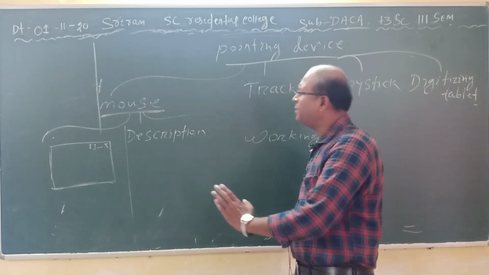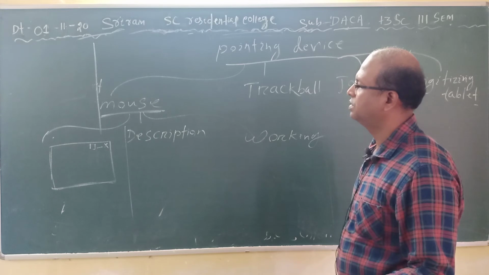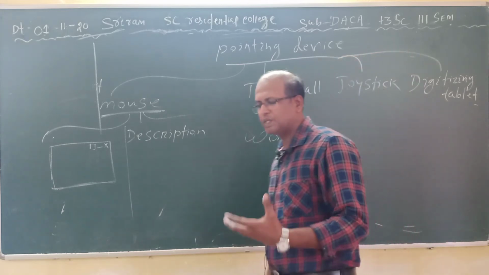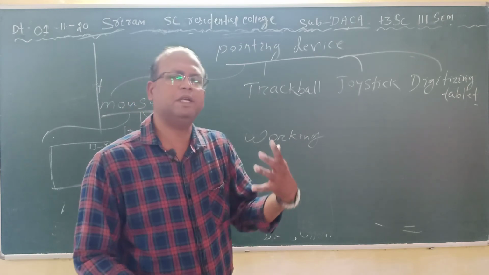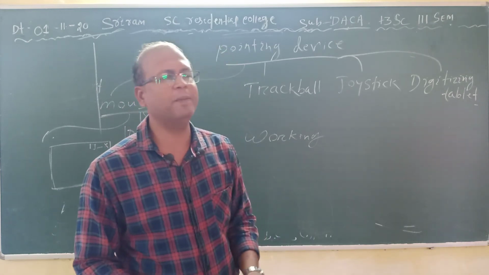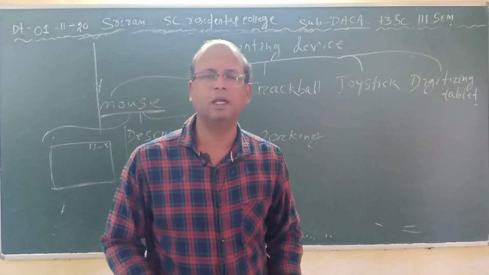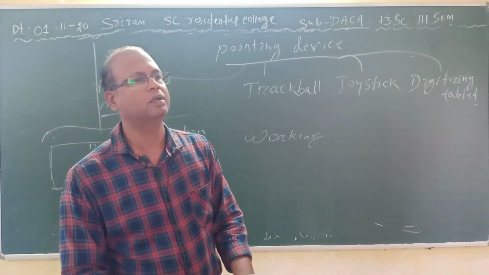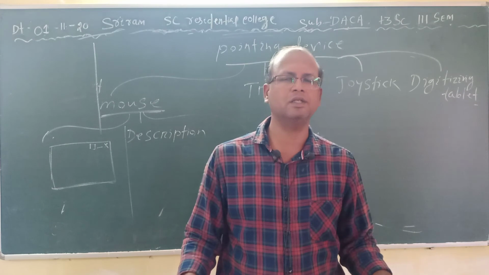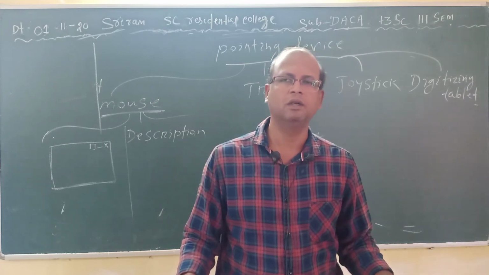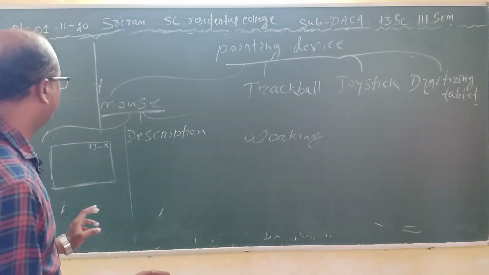This type of pointing device is used as an easy way to select particular icons. It is easy to select something from the menus and dialog boxes, and the mouse is also used to drag icons or folders from here to there.